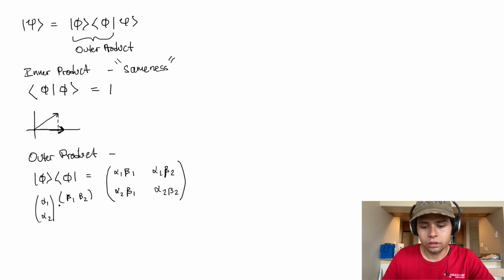Okay, so if we were to do this for the inner product, using this sort of row-column notation, we said this was the row vector, so that's alpha 1 and alpha 2, and then we have our beta 1 and beta 2.